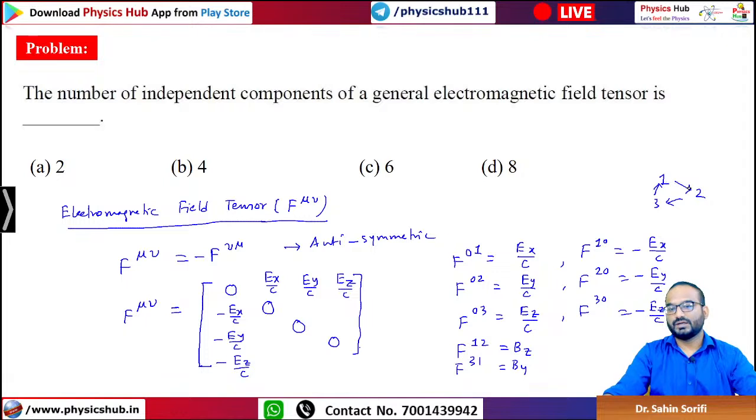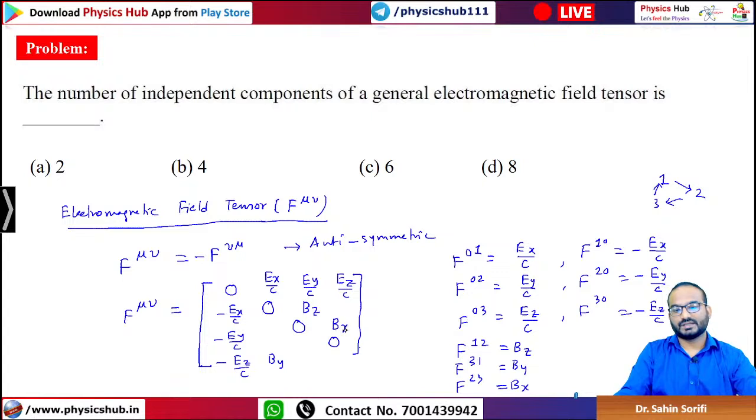Firstly we took 1 2, secondly 3 1, thirdly 2 3. So Bz, By, what is expected? Bx. 1 2 means Bz, 3 1 is By, and 2 3 is Bx.